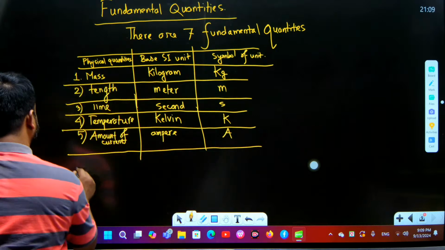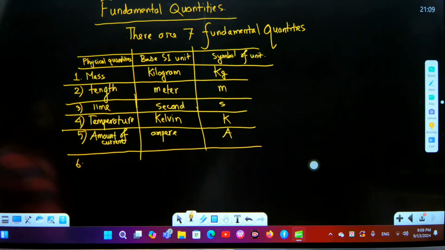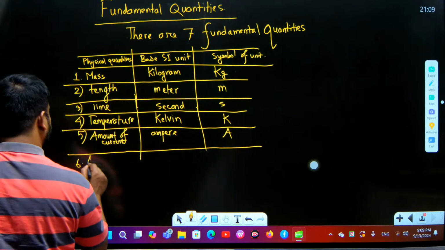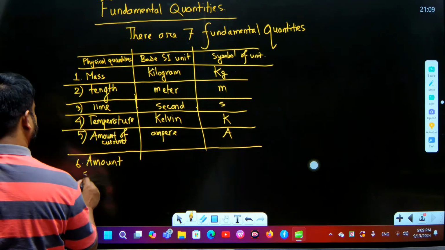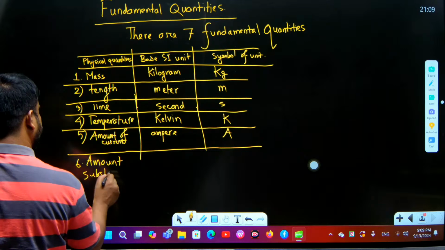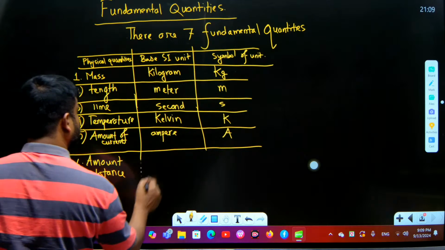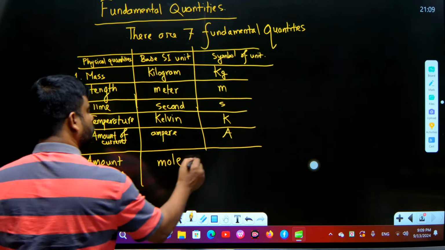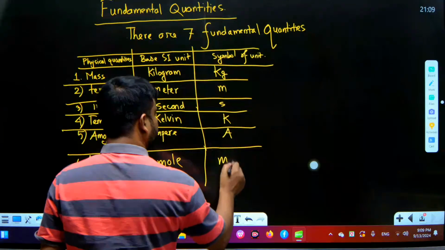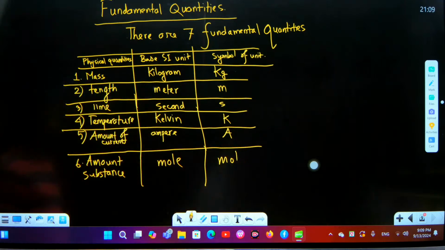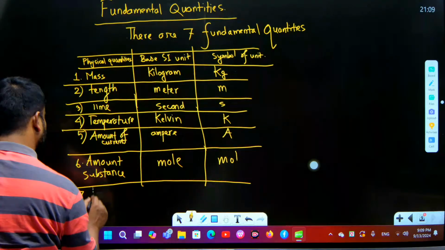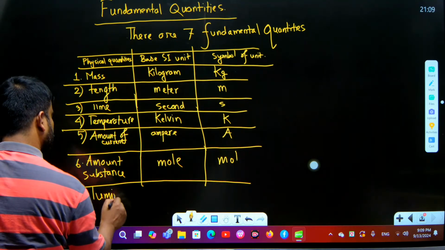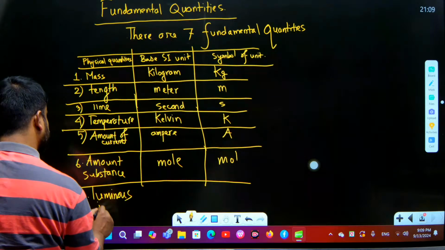Number 6 is the amount of substance. We use the mole, with short form mol. And the last one is luminous intensity.